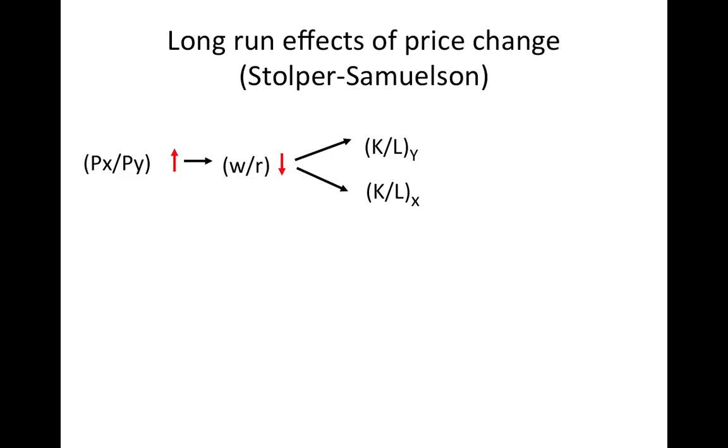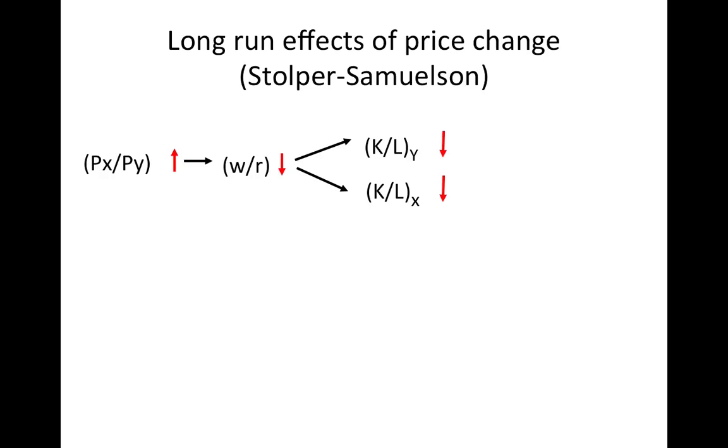They're hiring labor, they're hiring capital. But the combination of the two that they hire is going to depend on this signal about the prices of labor and capital. So in both sectors, the ratio between capital and labor falls.